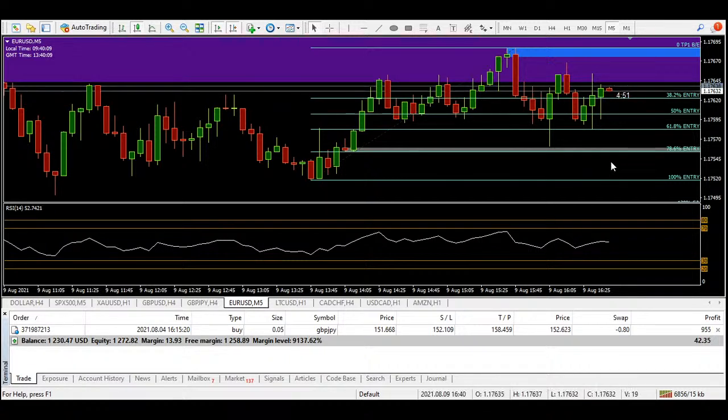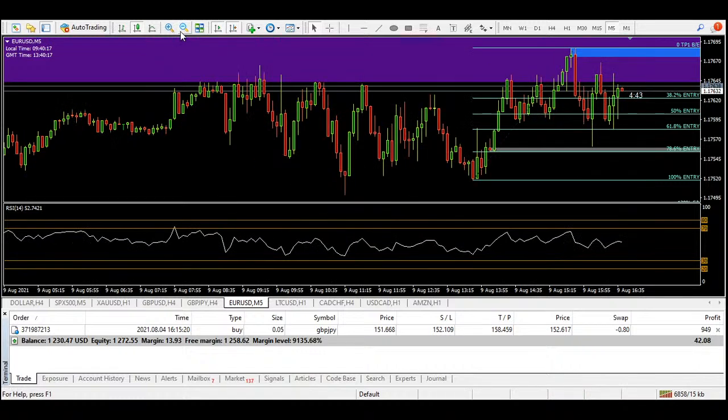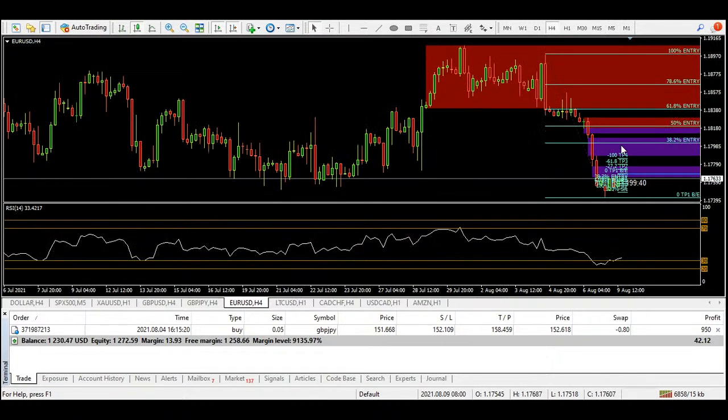The news is coming out in 20 minutes. So we may end up getting a push up if these candle imbalances are to go ahead and be filled, and the supply zone to be tested.